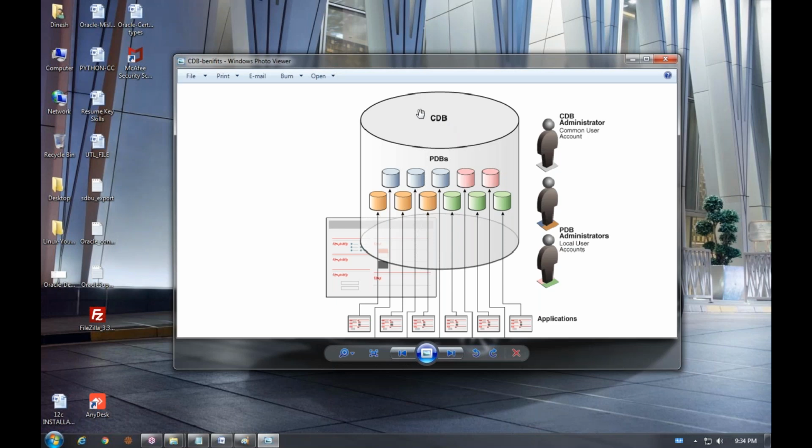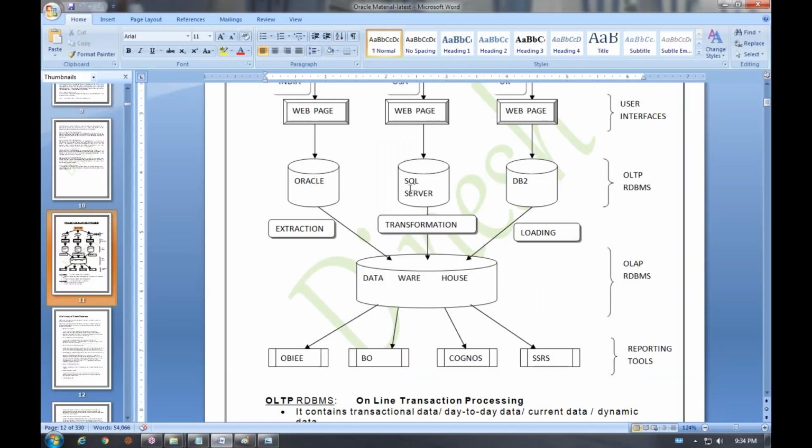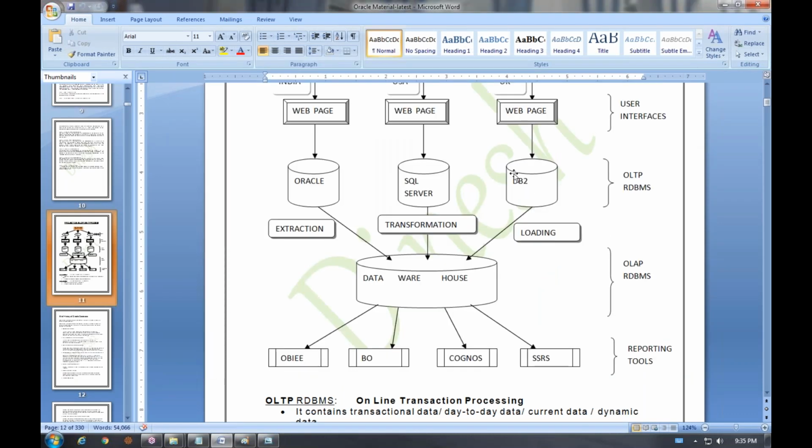See, there are so many advantages. Here you are maintaining multiple database servers, but here I am maintaining only one database server. If I make any changes in the third server, the change is not available to other database servers.